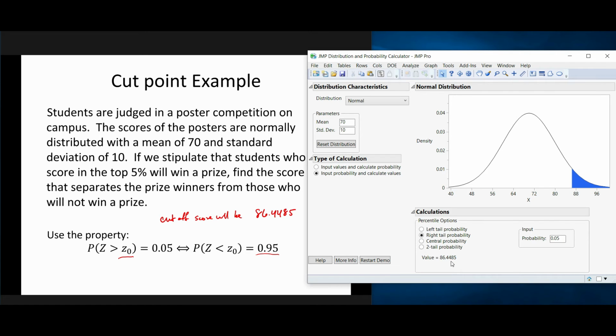And you can probably round that to 2 or 3 decimals there. Okay, so this introduces the idea of using the other type of calculation where we input a particular area from this normal distribution, and it gives us the x value that's associated with that.